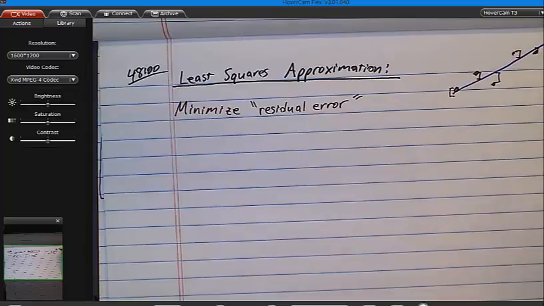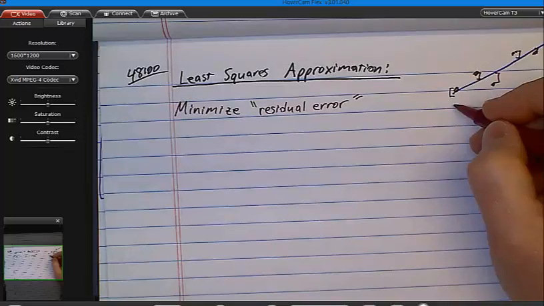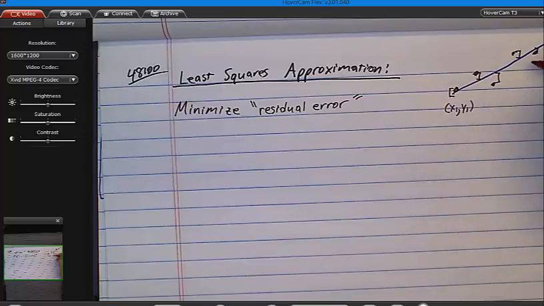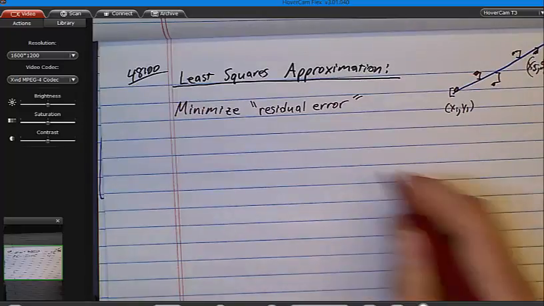Do you see what I'm talking about? These are vertical distances. If this is the point x1, y1, and this is the point, I guess, x5, y5, okay? How do I get those distances? Here's what I'm going to write.